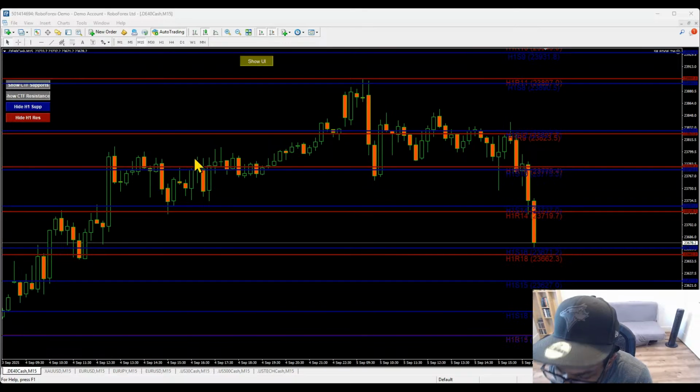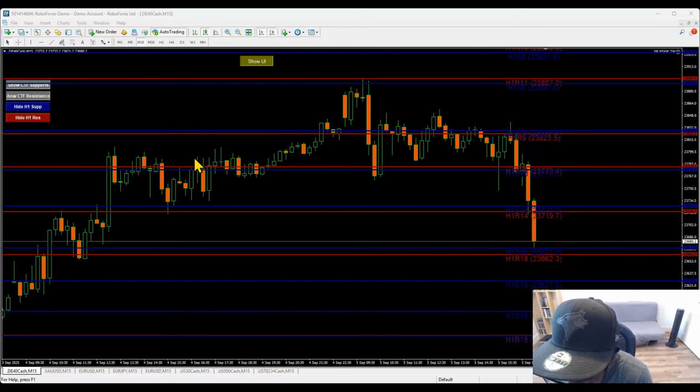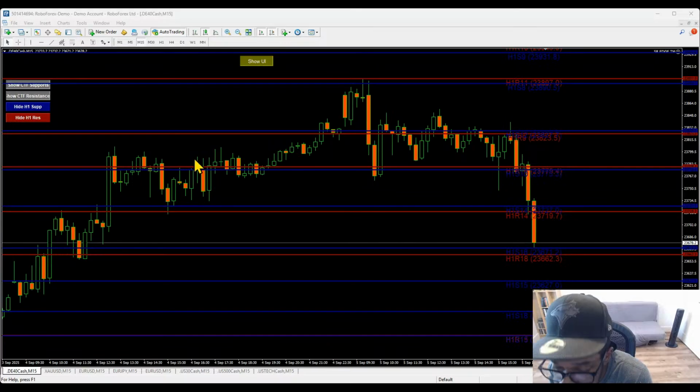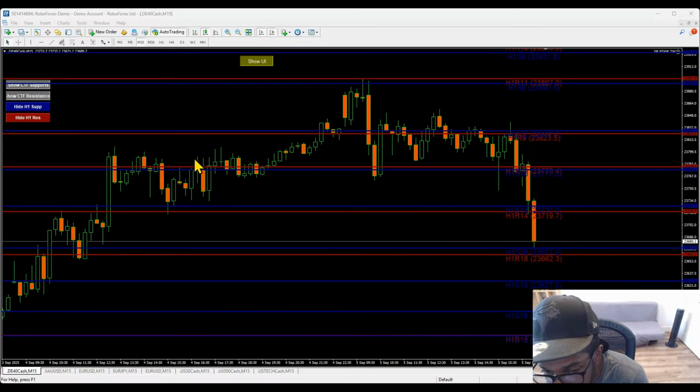It's normal. The reason why is that brokers don't have the same calculation for the spread, and the feeds are not the same. So you have to follow the levels that you have on your own broker. Even though I'm showing you exact levels on mine, it's not going to be the same as yours.